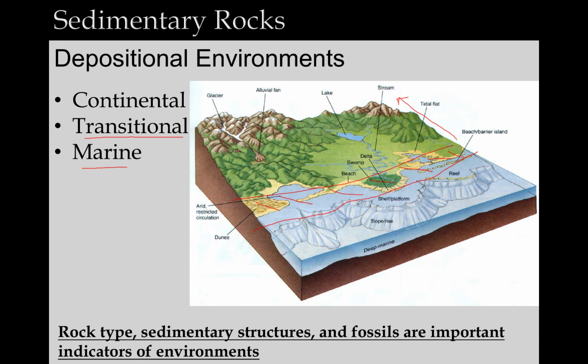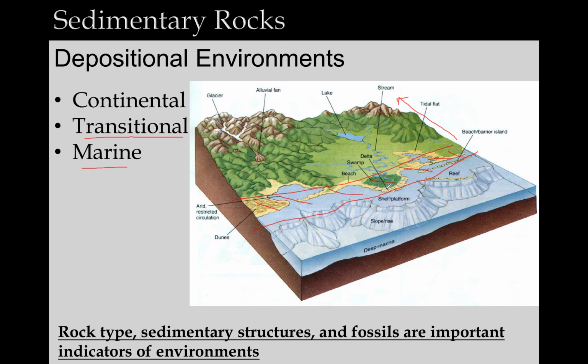Marine includes things like coral reefs, shelf deposits, slope deposits, deep ocean sediments. But there are many that are transitional, where sometimes it's wet, sometimes it's dry, depending on the surface elevation of the ocean, the tidal conditions, and wind and storm conditions.